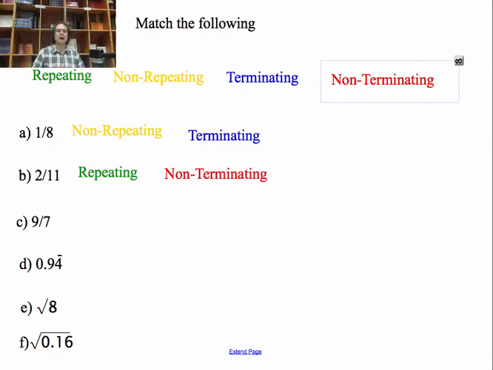Okay? Now, let's try my next one here. Let's try 9 divided by 7. I'm going to have 9 divided by 7, and I end up getting something that looks like this.